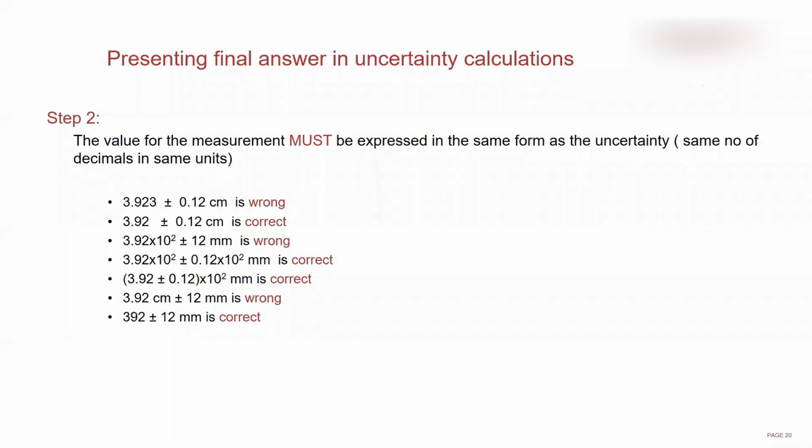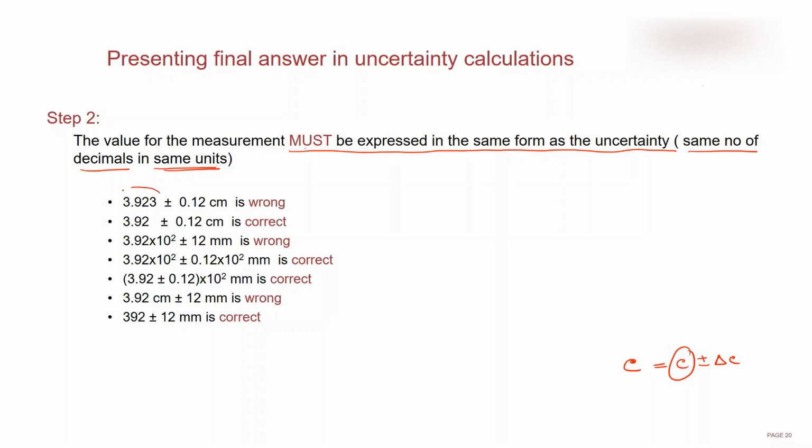We've discussed how to present the uncertainty. Now we'll see how to present the measurement or the average value, which is this one. So the rule is the value of the measurement must be expressed in the same form as the uncertainty, with the same number of decimals in the same units. Let's take these examples.